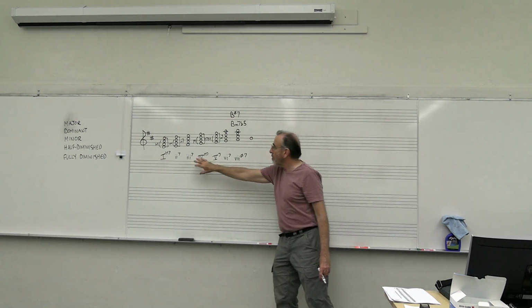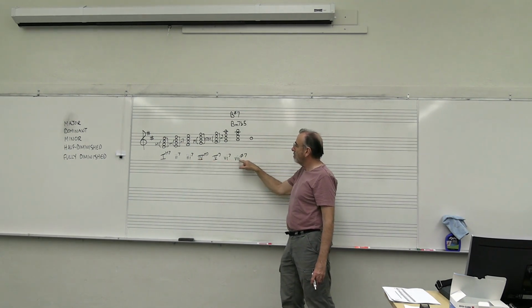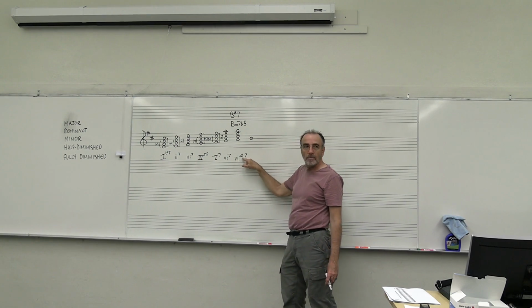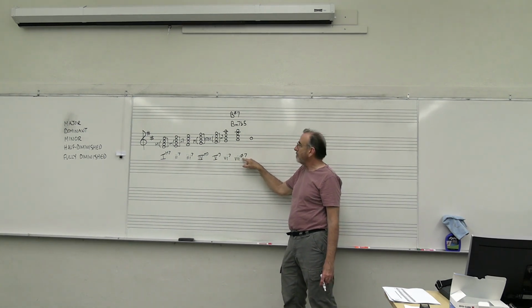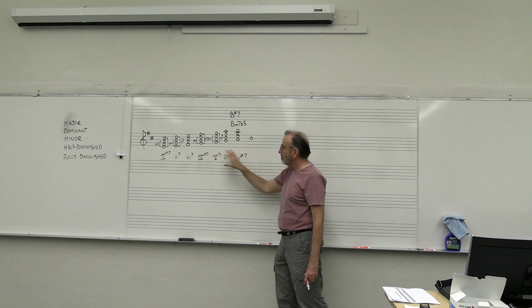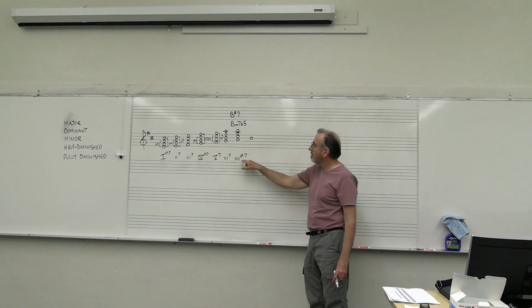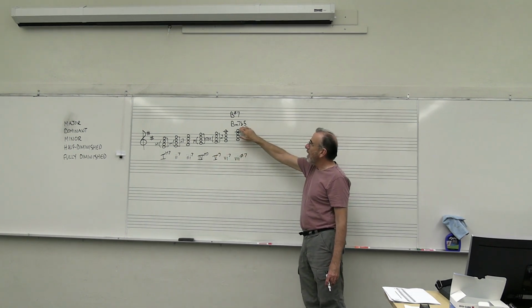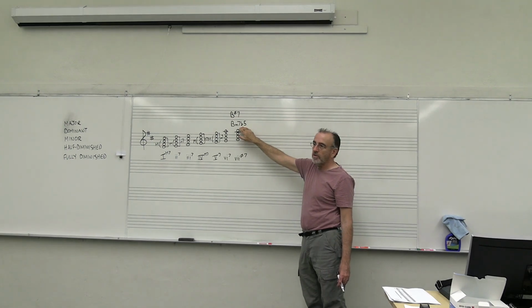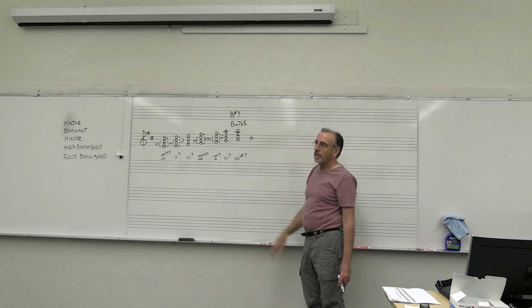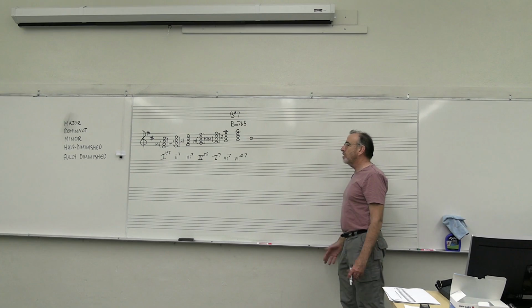Now, in terms of Roman numeral analysis, we always use the lowercase with the half diminished symbol. So in traditional classical Roman numeral analysis, it's this one, but in jazz and commercial, it's minor 7 flat 5. Okay, and you should know both of those.